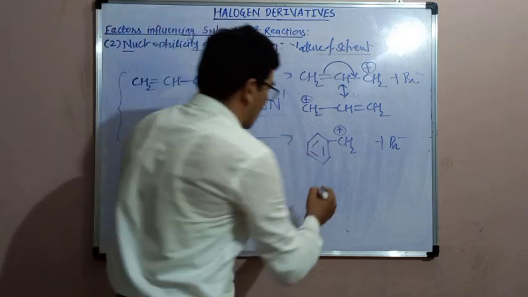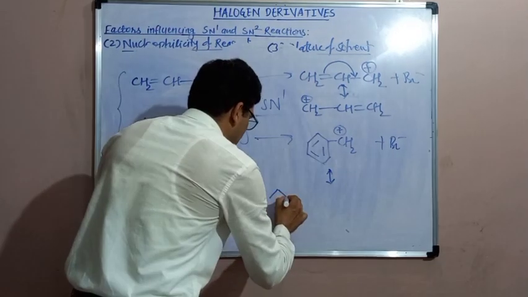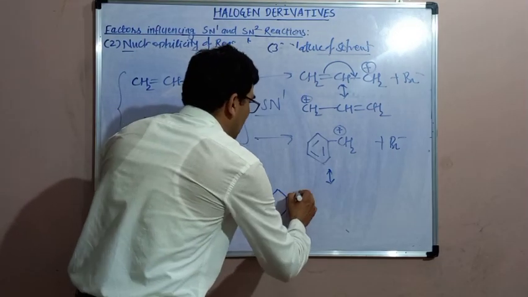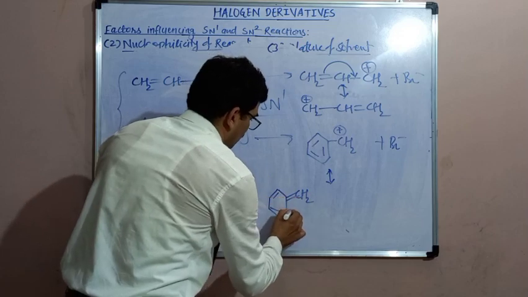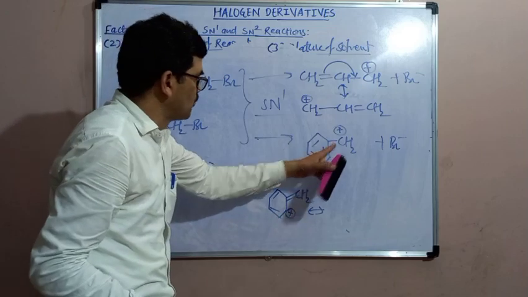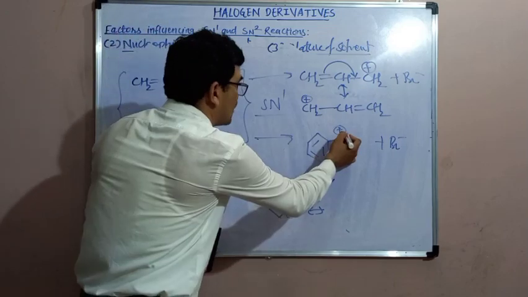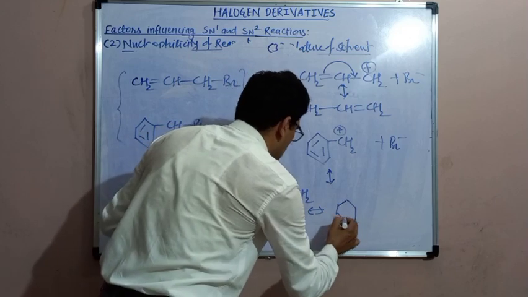The benzyl carbocation is also stabilized by resonance. Here the resonance occurs, and because of this resonance phenomenon, it is stabilized to a greater extent. In this way, this pi bond moves to this position, and the positive charge from this position moves to this position. In this way, a number of resonating structures are possible.